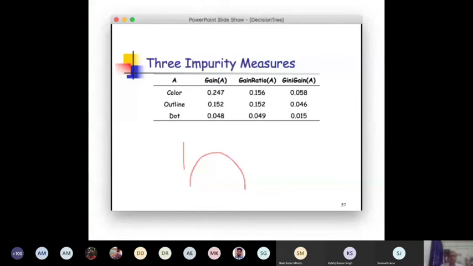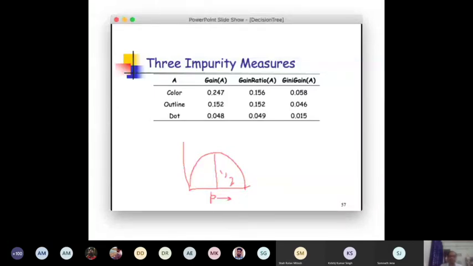If I consider two classes, that means with respect to probability P, if you vary P for a two-class distribution, the maximum would be at P equal to half. Is it clear? Like entropy, which is also maximum here. So it's a kind of convex function you will get for the Gini index. Now this is reflecting that it is an impurity measure.